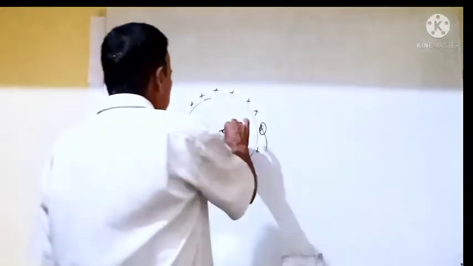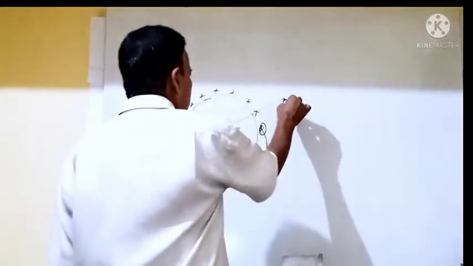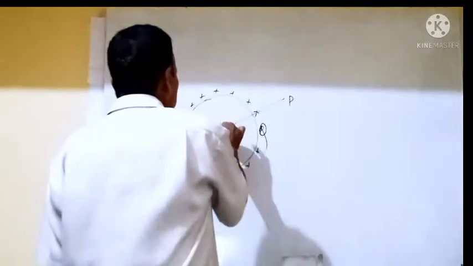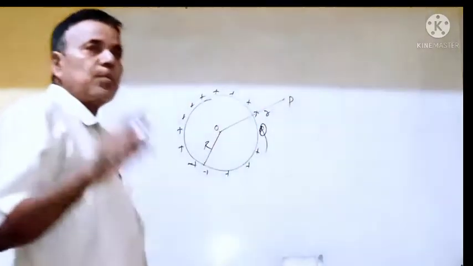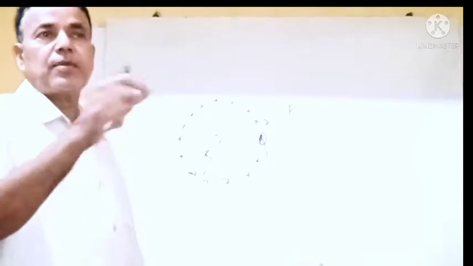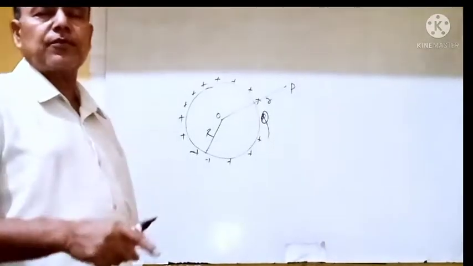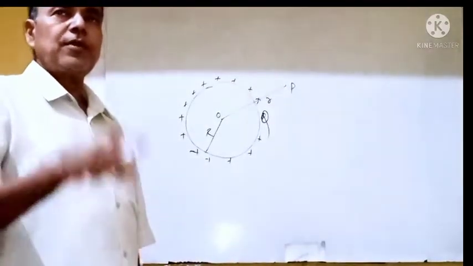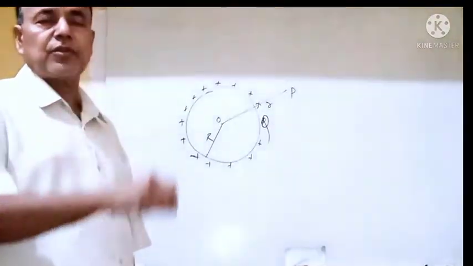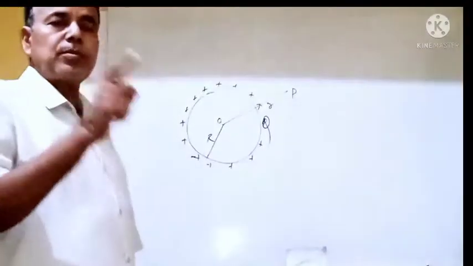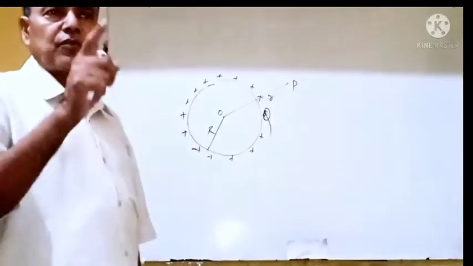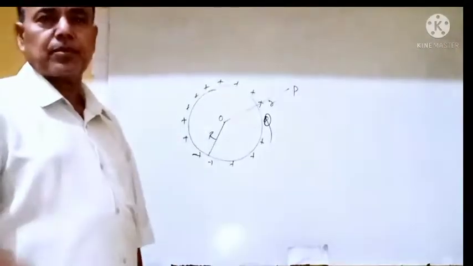Now there is a point P at a distance r from the center of the spherical cell, and we have to find out the electric field intensity at that point. First of all, we will take the Gaussian surface, and the point should be situated on the Gaussian surface, and the charge should be enclosed by the Gaussian surface.